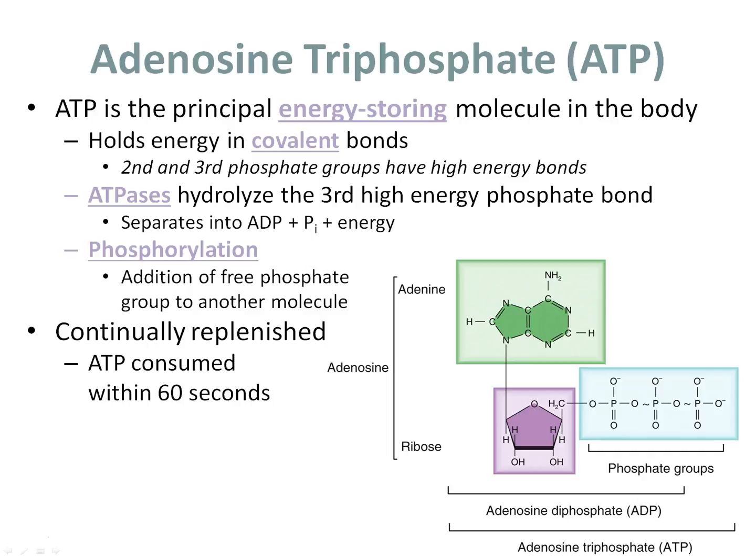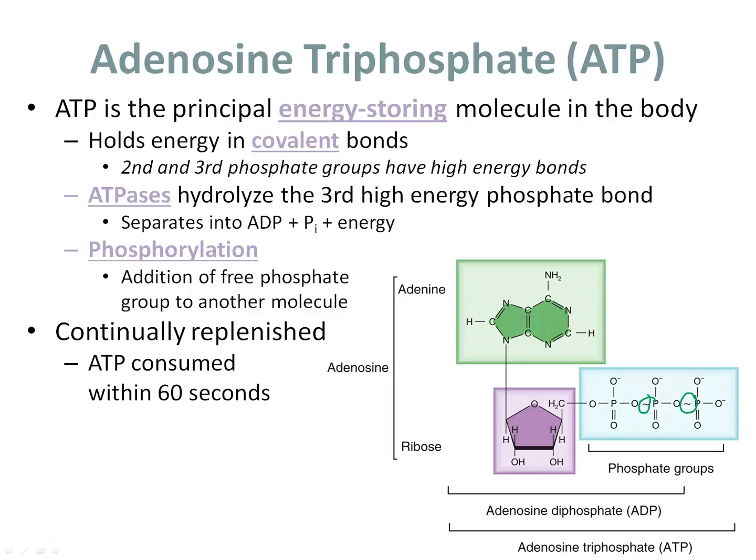ATP is the principal energy storing molecule in the body. It holds energy in covalent bonds, and the second and third phosphate groups are bonded with very high energy covalent bonds. So these little squiggles mean that there's lots of energy stored in these bonds. So when we break these bonds, we release lots of energy.